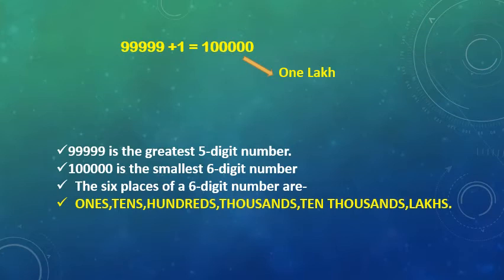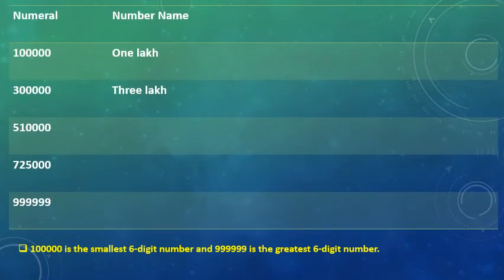Now let us read the 6 places of a 6-digit number. These are ones, tens, hundreds, thousands, 10,000s and lakhs. Okay? Now try to read these numbers. First is 1 lakh. Second is 3 lakh. Third is, try to read this number. First of all, see how many places are there. Then try to read this number.